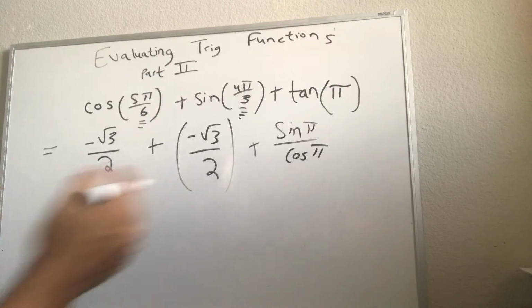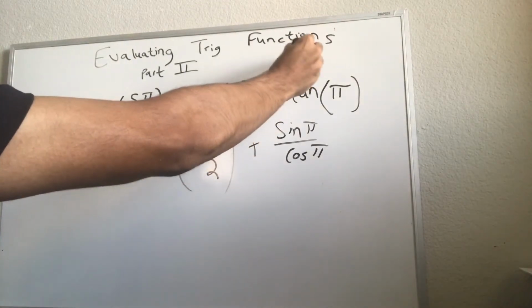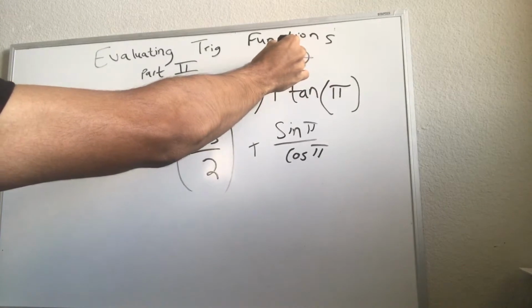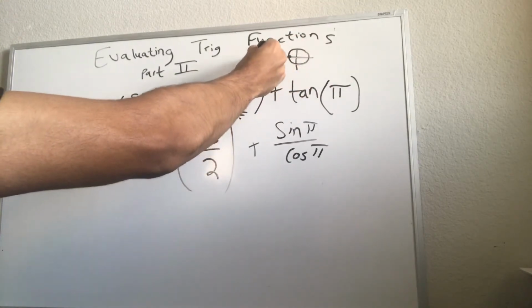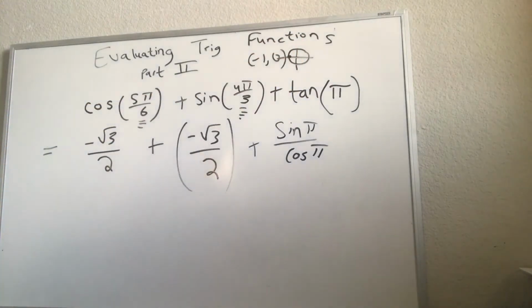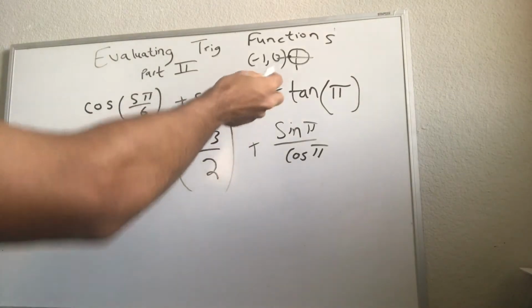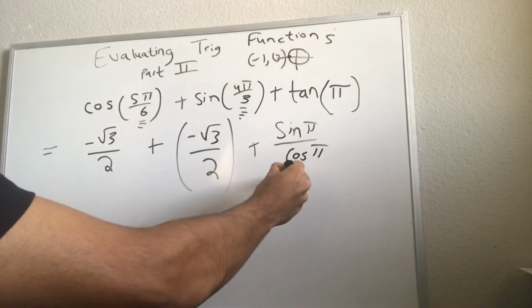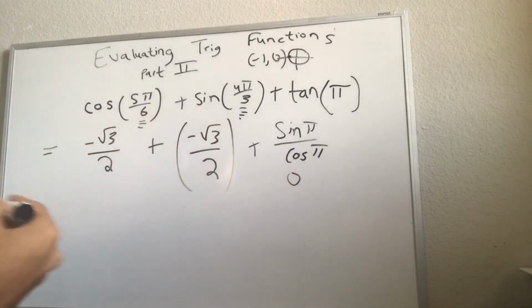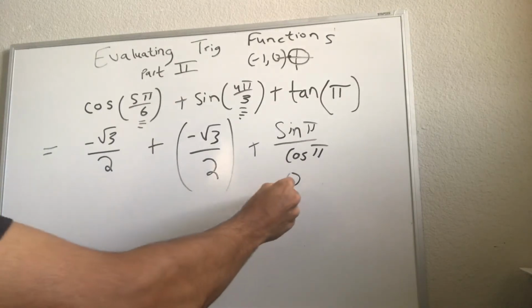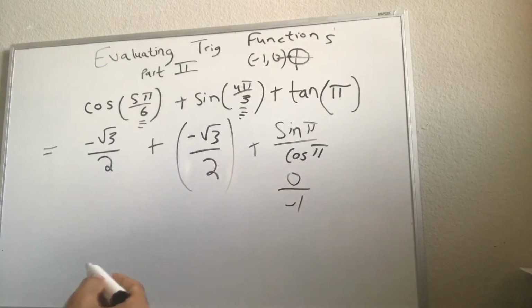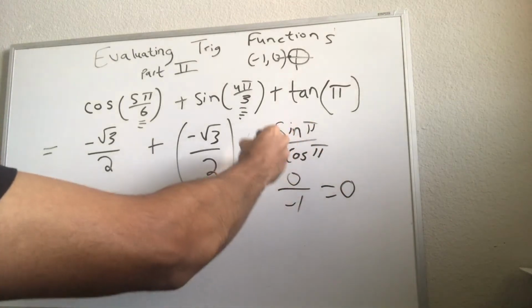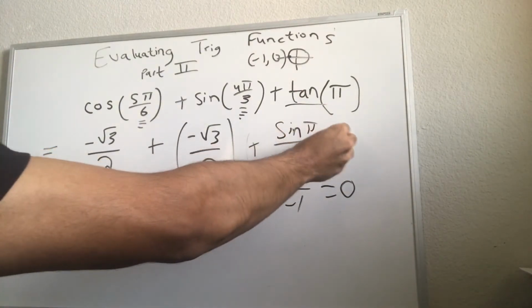If I have a unit circle like this, we know that pi is here, and this point has to be negative 1, 0. We know that any point on the unit circle is cosine theta comma sine theta. So sine theta, the y value, is 0, and cosine of that angle, in this case cosine of pi, is negative 1. Therefore, tangent of pi is 0. So this value over here, tangent of pi, is just 0.